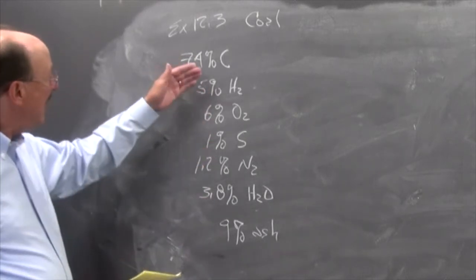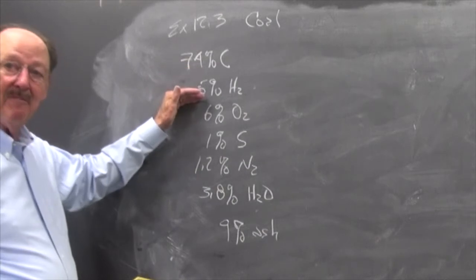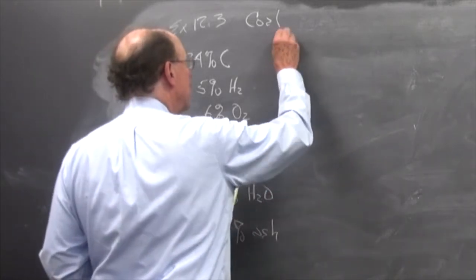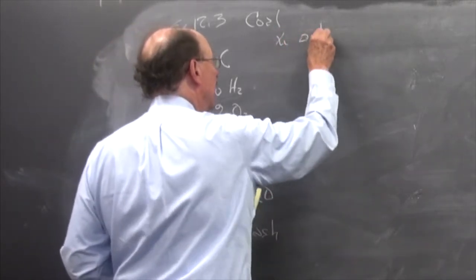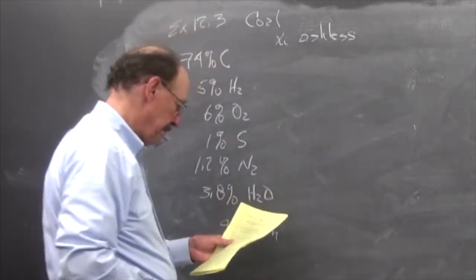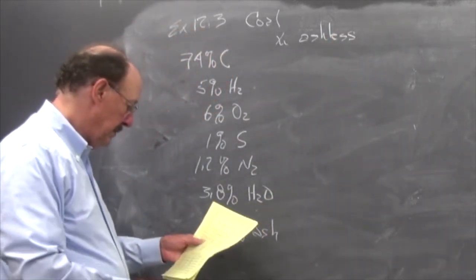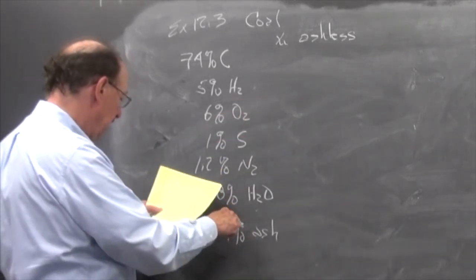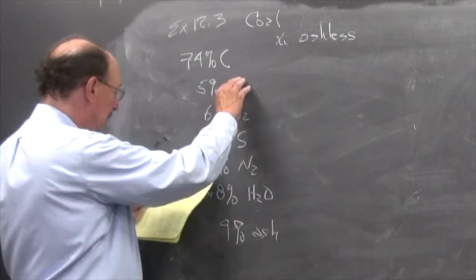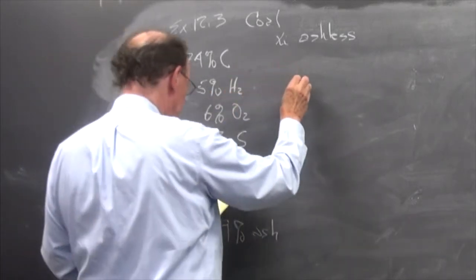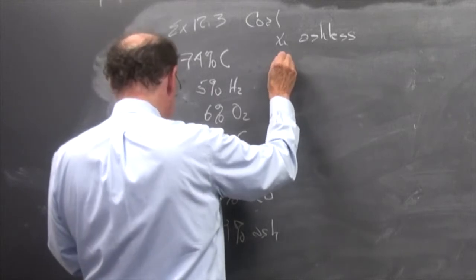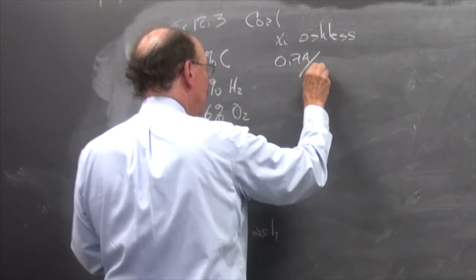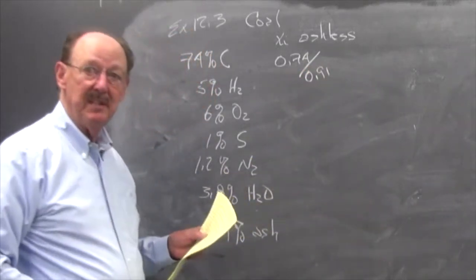So now what we have to do is to take this and find the Xi on an ashless basis. So we want Xi ashless. So if I divide, I'm looking at finding what this is. So if I do 0.74 divided by 0.91, this is the ashless basis.